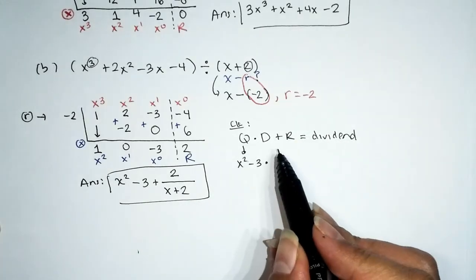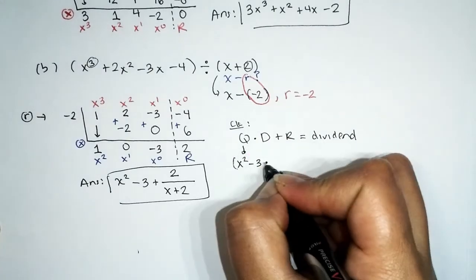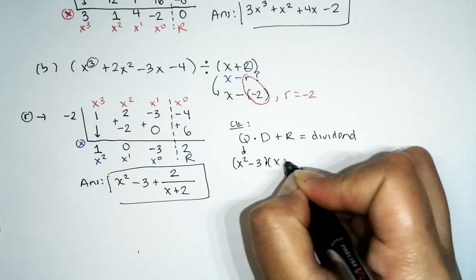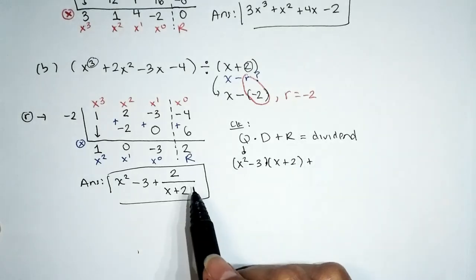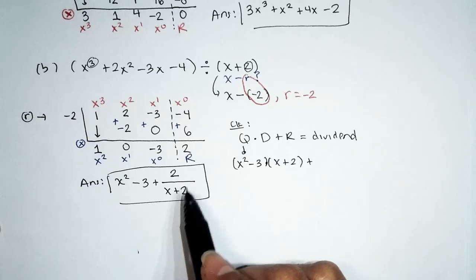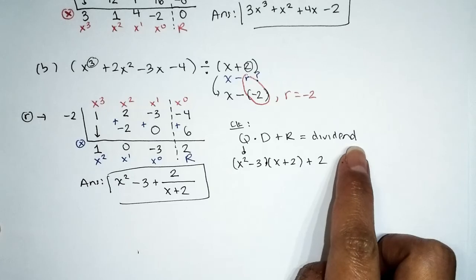Multiplied by your divisor, that's code for what you divided by. In this case, we divided by x plus 2. And then we add to it the remainder, before we write it as a fraction. The remainder is 2.